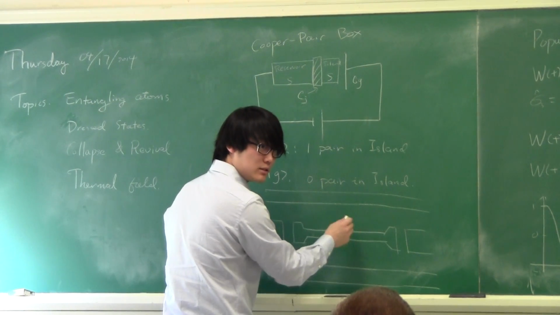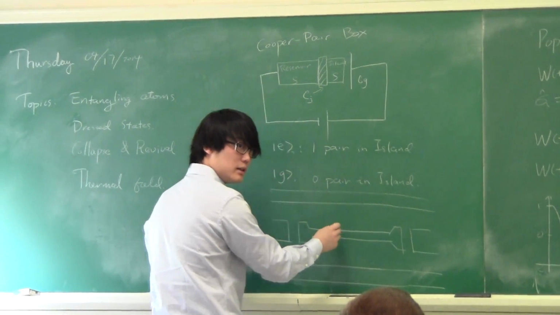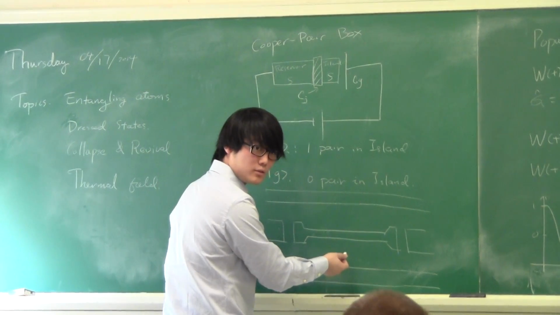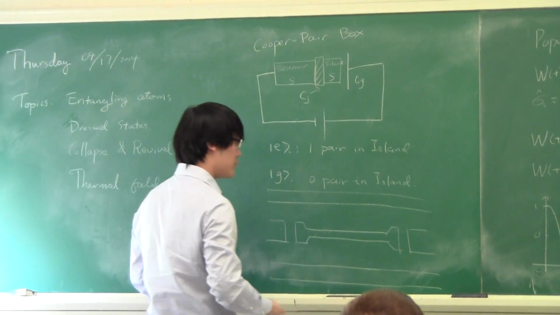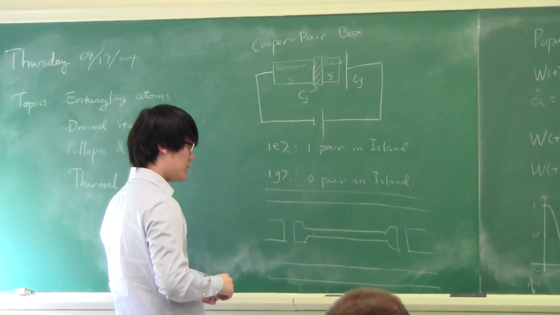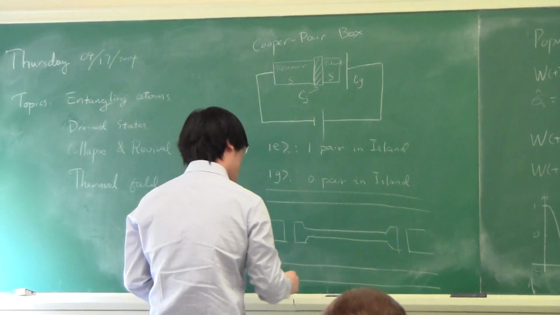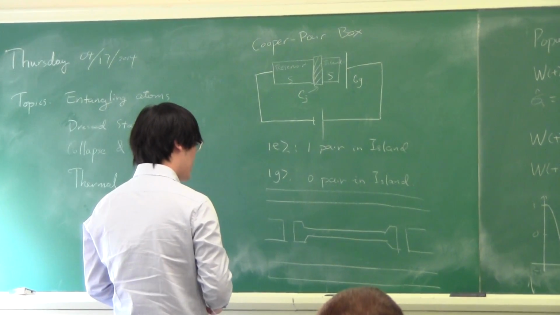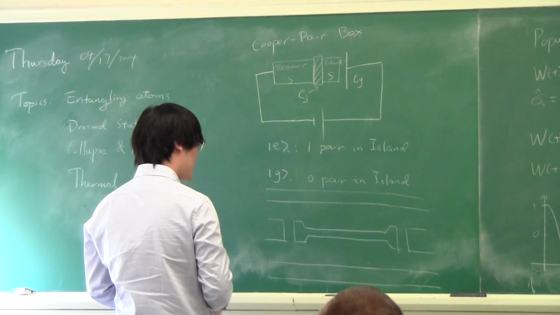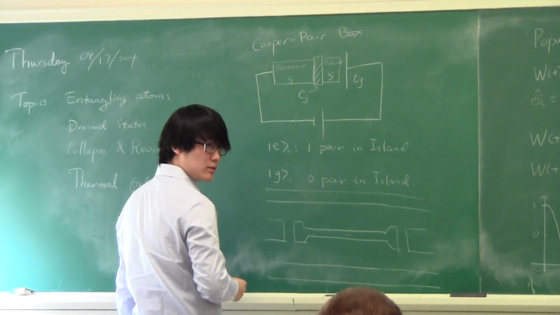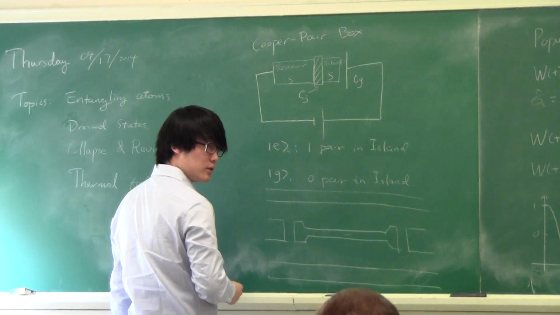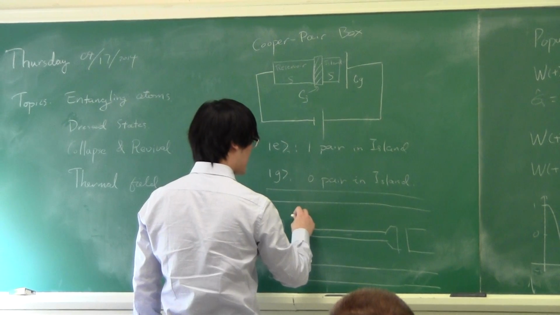This is like an LC resonator. And when we have an LC resonator, we can also quantize the field, much as we did in the free field case. So roughly speaking, here is going to be a maximum of the current, because if I were to quantize the field, the voltage will look something like this.